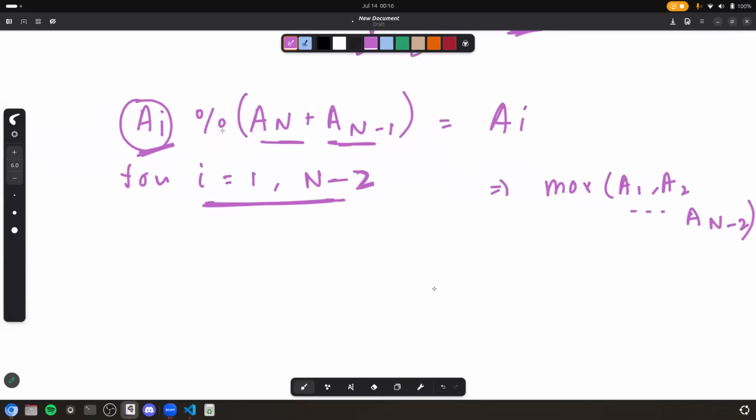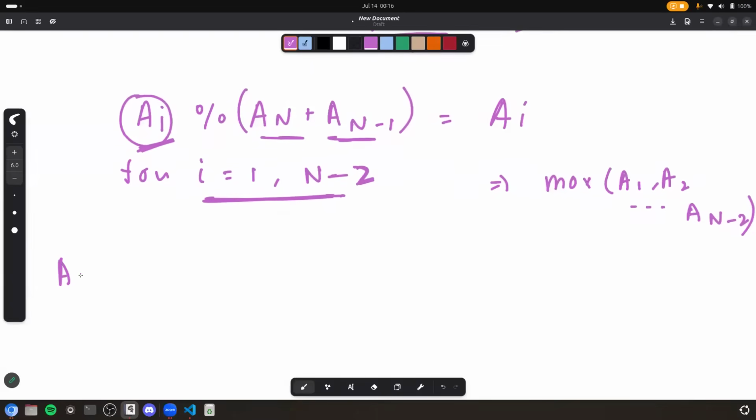Now what happens if I choose AI as A n minus 1? Now I won't be able to keep the second largest element here, since all three need to be distinct. But still, we know that AN would be greater than or equal to AN minus 1, since it was a sorted array.